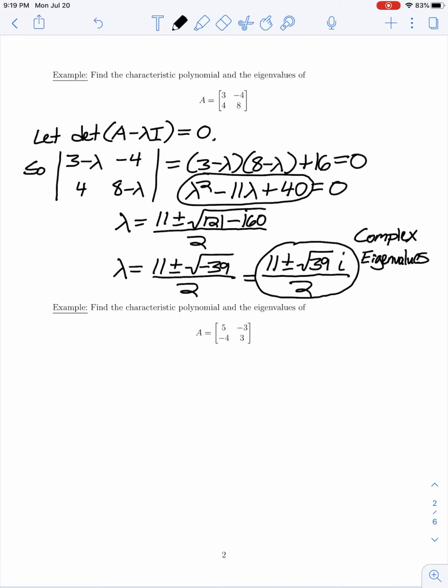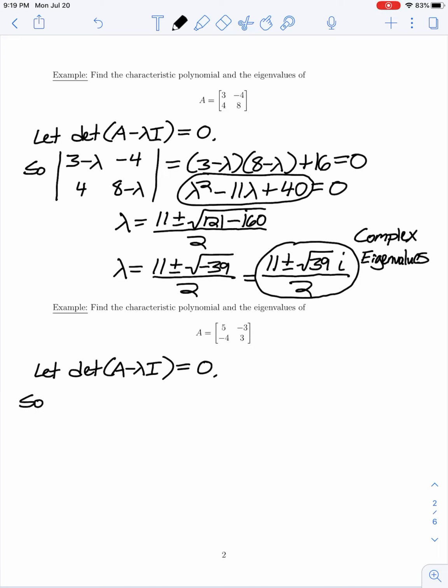So for our next example, exact same sort of question, we are asked to find the characteristic polynomial and the eigenvalues of the following matrix. So to find our eigenvalues, we're taking the determinant of A minus lambda times the identity and setting it equal to 0.